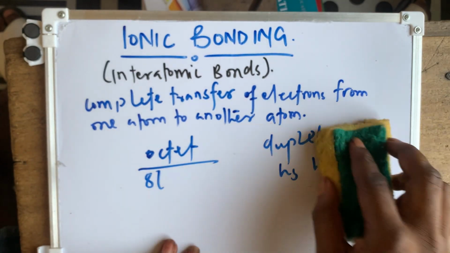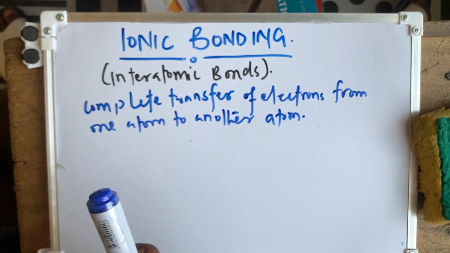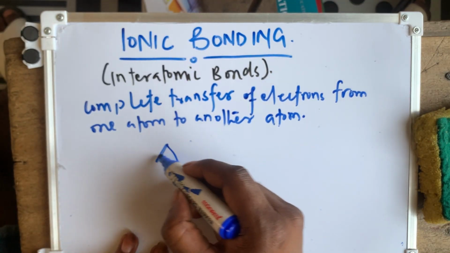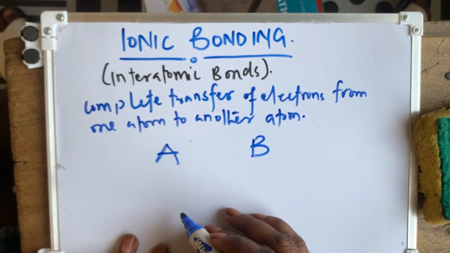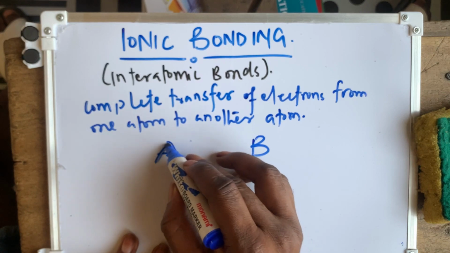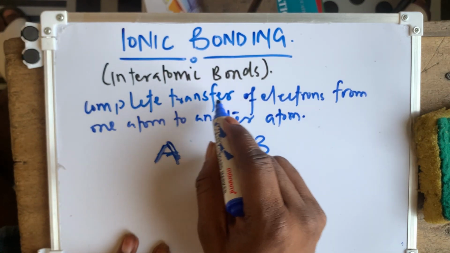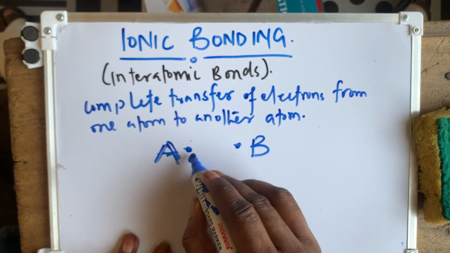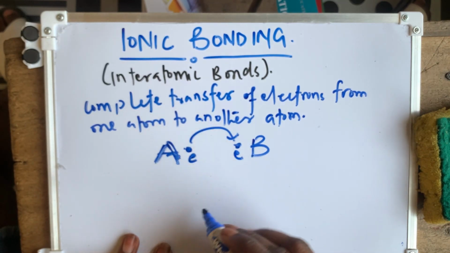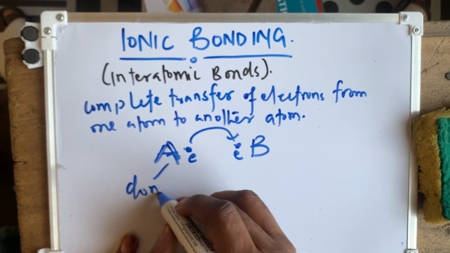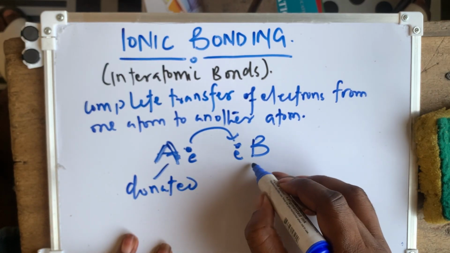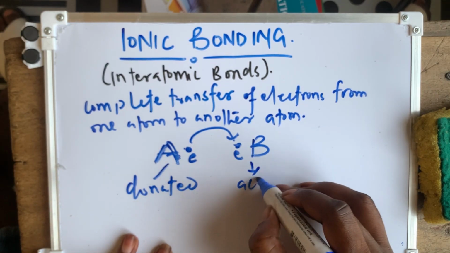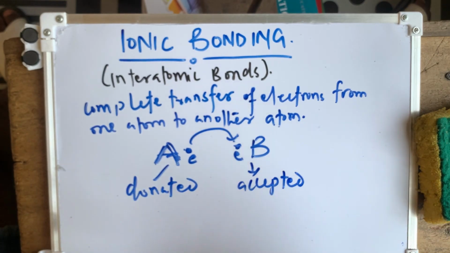So if we have, let's say, atom A and atom B, and atom A is completely transferring this electron to B, then A has donated the electron, and B has accepted the electron.